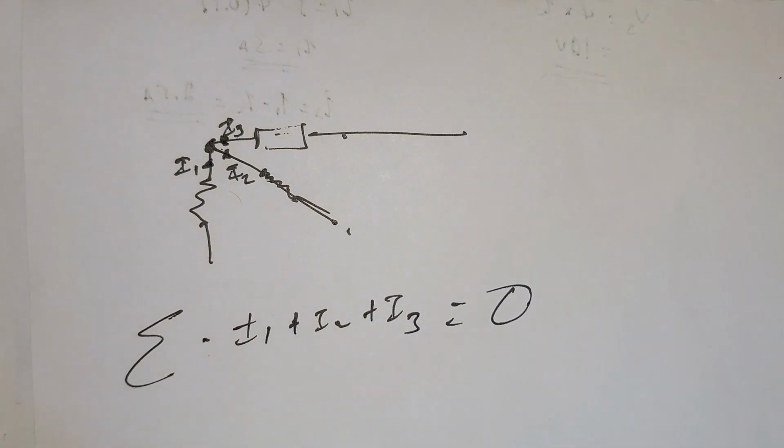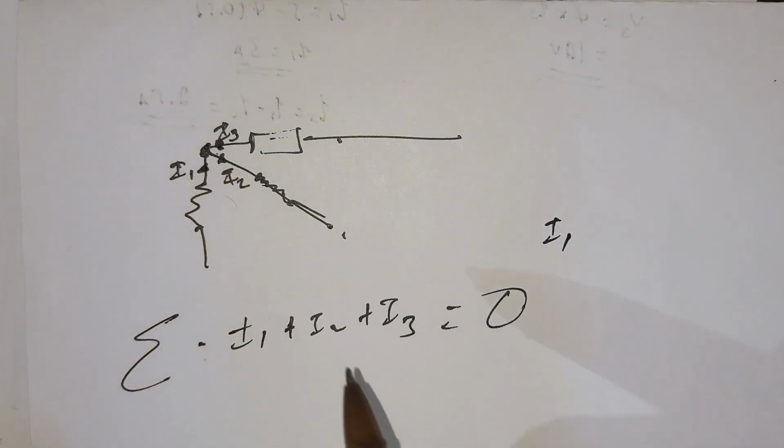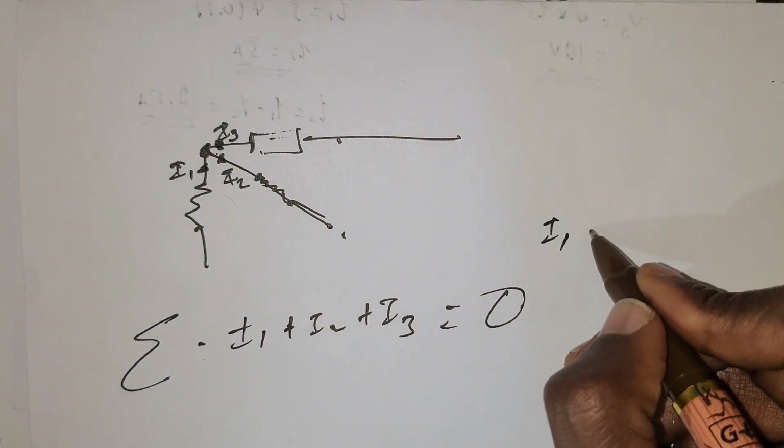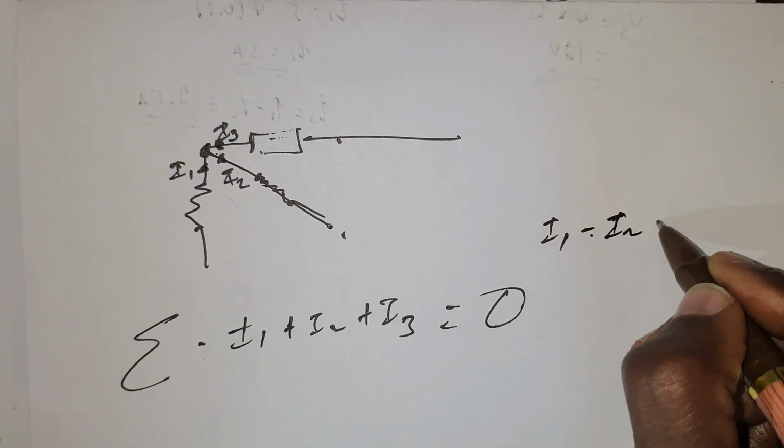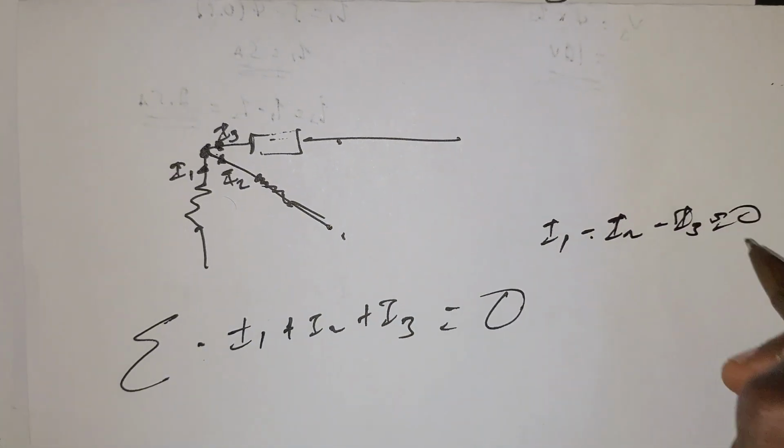So conventionally we can say that the currents entering the node can be depicted as positive, and the currents leaving the node can be depicted as negative: I1 minus I2 minus I3, which is equal to 0.